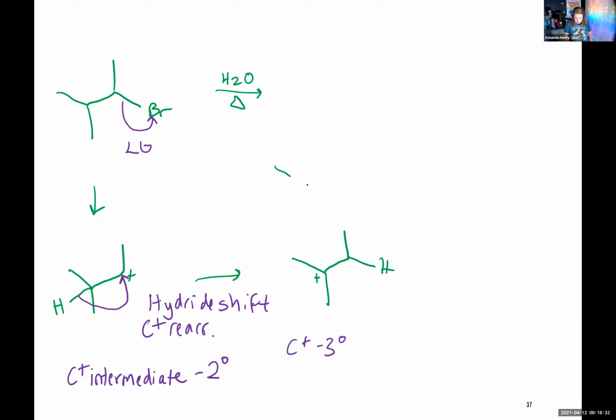So I'm going to redraw this one, and this is without the rearrangement, because we're going to get both. Even though that tertiary carbocation is more stable, the nucleophile can react with the original carbocation faster. So we kind of have a mixture here of what's the most stable versus what's the fastest.